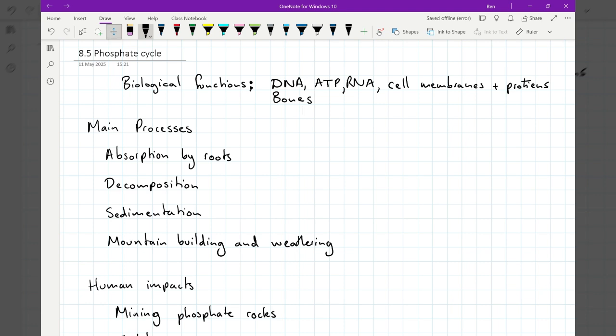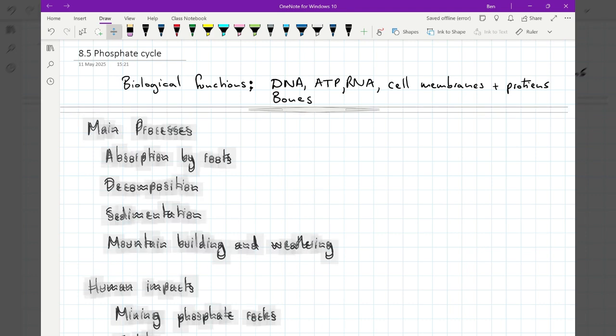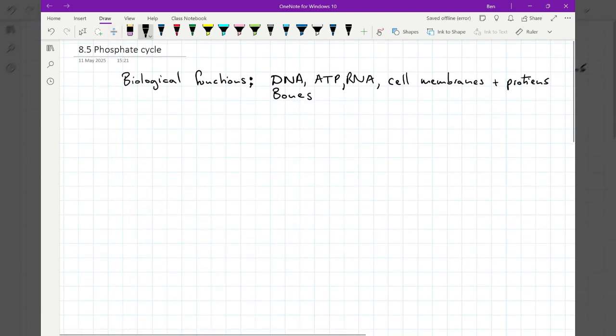So let's have a look at the natural phosphorus cycle. To start with, we've got phosphates in rocks. Let's put it down here, phosphates in rocks.